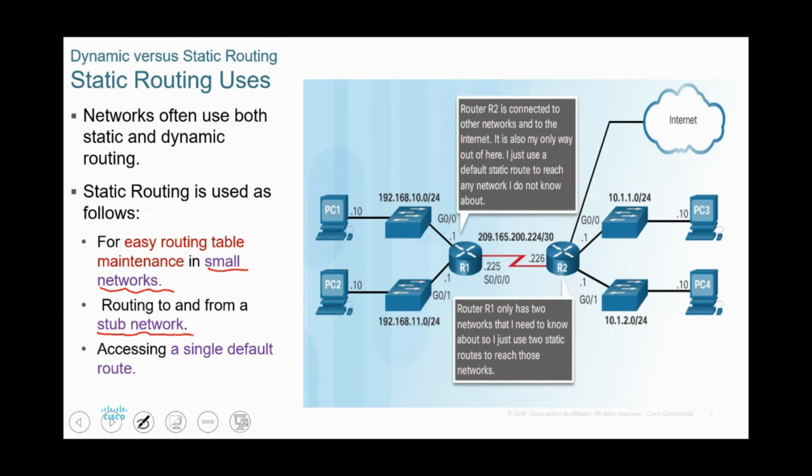If you have only one neighbor to reach the stub network, you can use static routing. And static routing is also good when you use it as a single default route, when you want to access the internet service provider. An example in this case here is R2 going to the internet. So this router 2 is good to configure with a single default route.